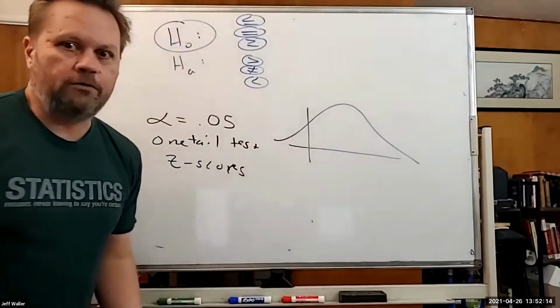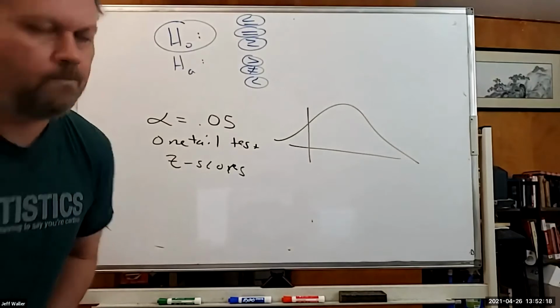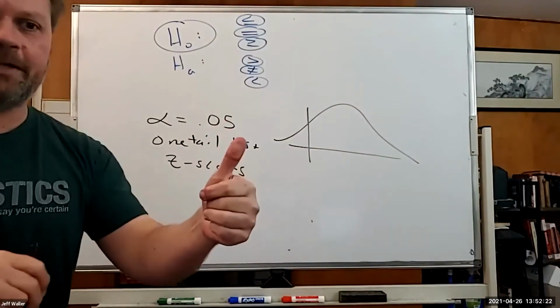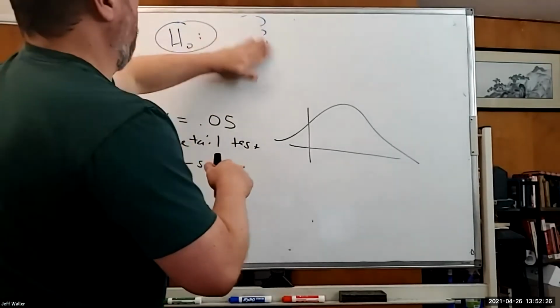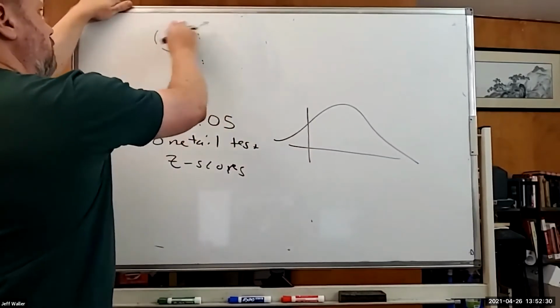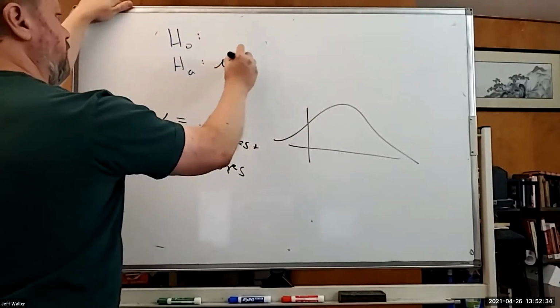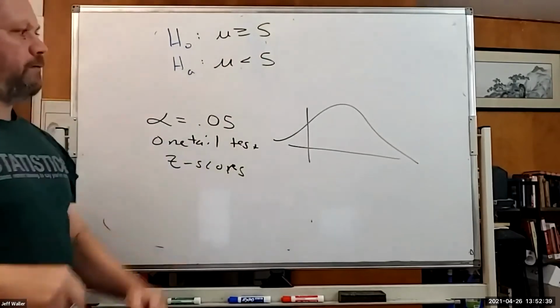What would you use to look it up? The T-score chart. Yes, cool. So let's say, for this example, the alternate says it's less than 5, so the null thinks it's at least 5.